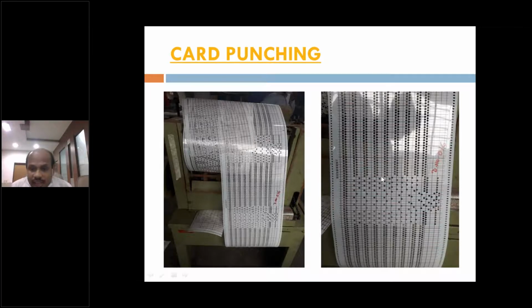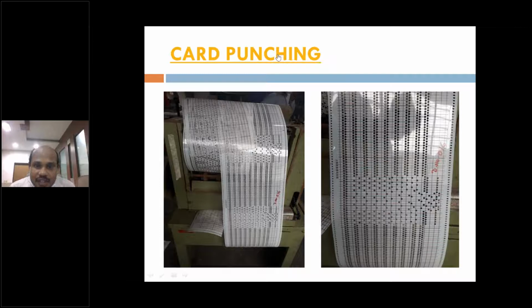Here we are giving the information to the machine by punching. See here the patterns are there. Where the holes are, there is some pattern. According to the pattern, the hooks come out or go out. So this pattern will determine the design in the fabric.